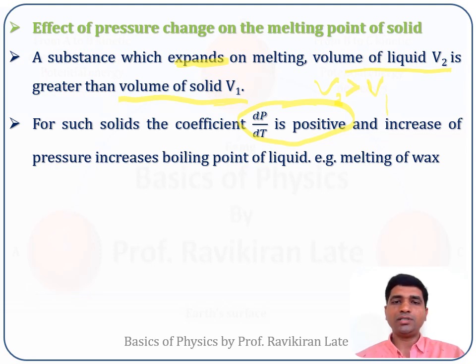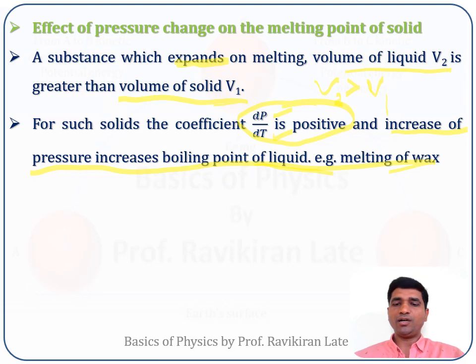In short, dP is directly proportional to dT, meaning an increase of pressure increases the melting point of the material. Such kinds of materials have an increase in melting point if you increase the pressure.